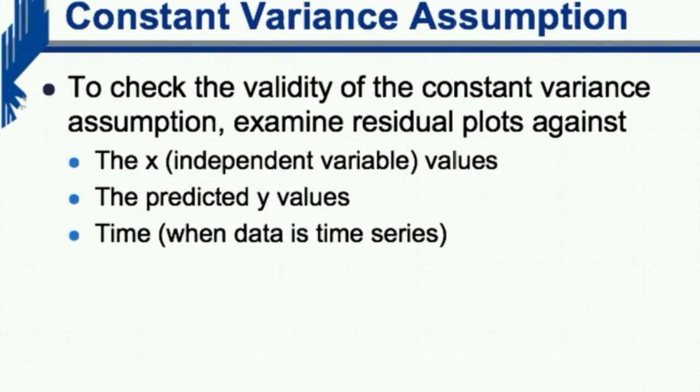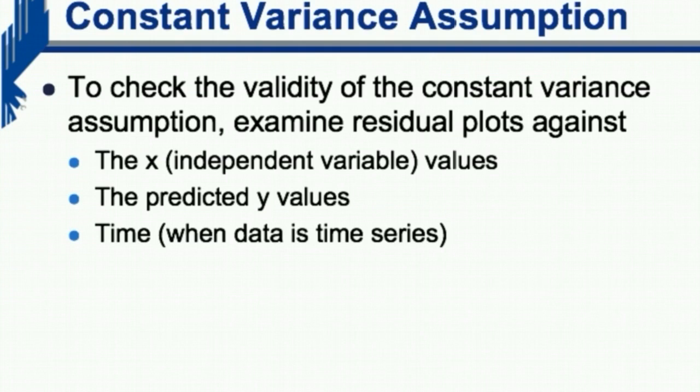For the constant variance assumption, in order to check the validity, we can examine multiple residual plots. These residual plots are basically scatter plots with different values on the x-axis and the residuals on the y-axis. One residual plot that we can look at is the plot of the residuals against the independent variable.